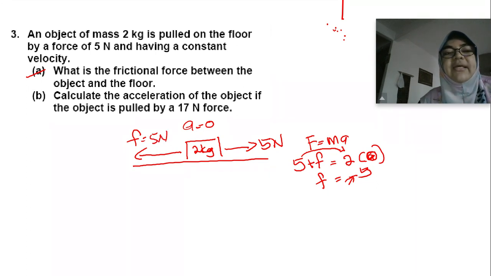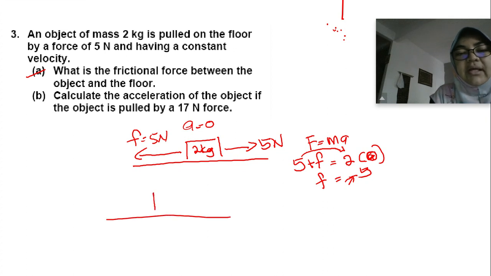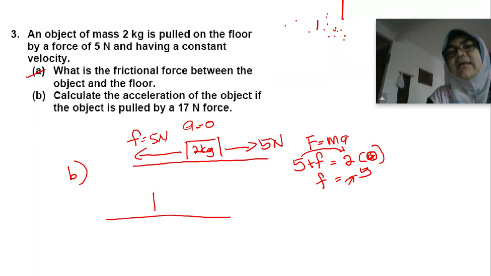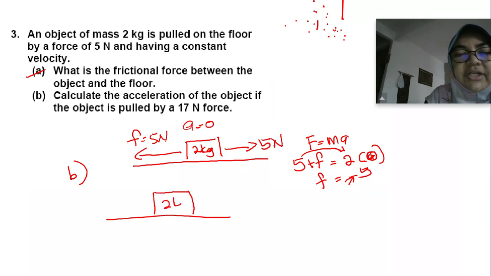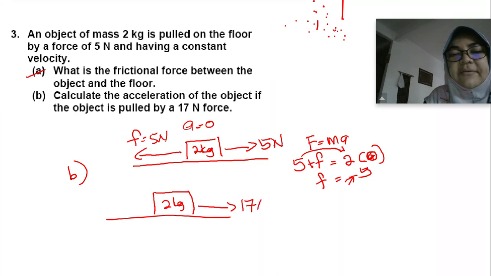Okay, so B, calculate the acceleration of the object if the object is pulled by 17 Newton force. So now for B, the eraser won't come up, never mind. For B, the 2 kg object is being pulled by 17 Newton.